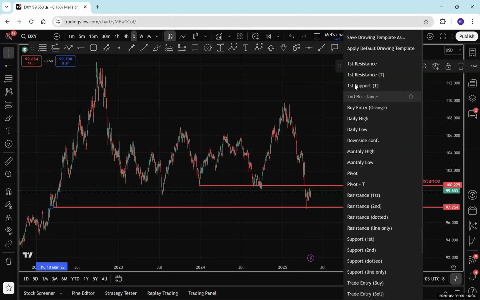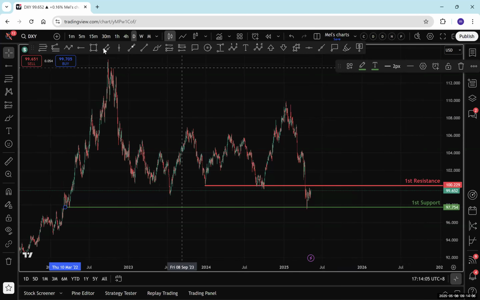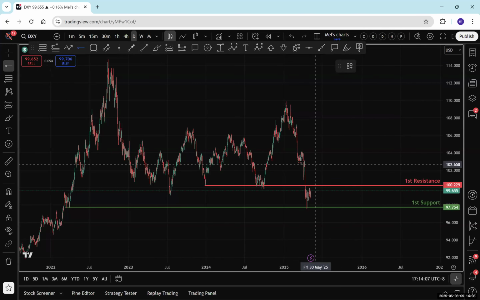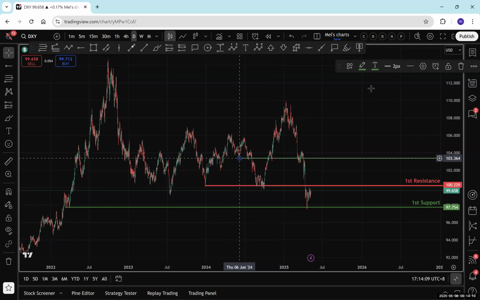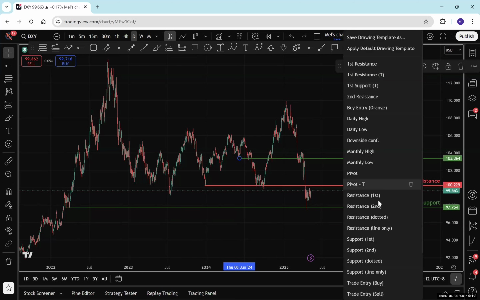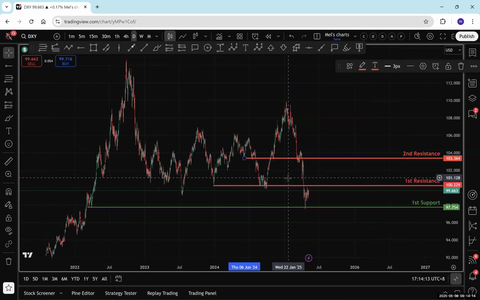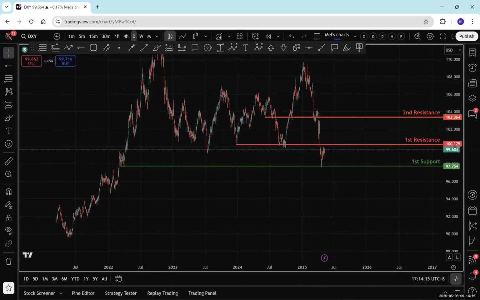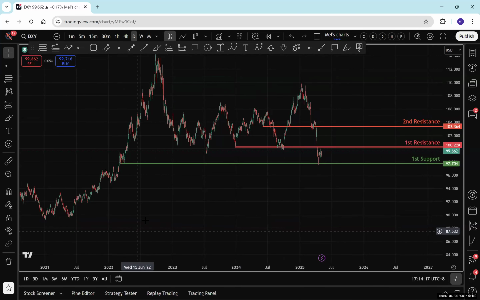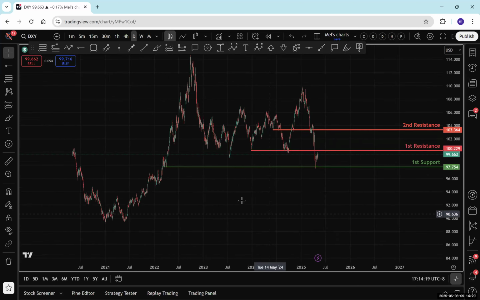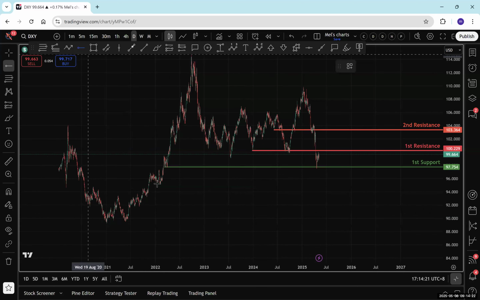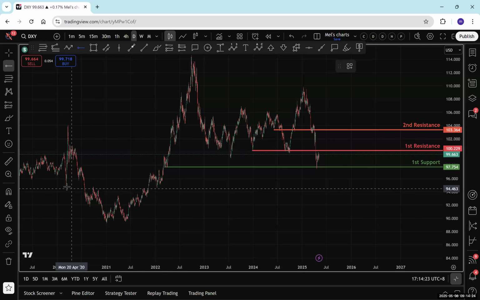Okay, and then this is my first support. Second resistance here and second support, just here.